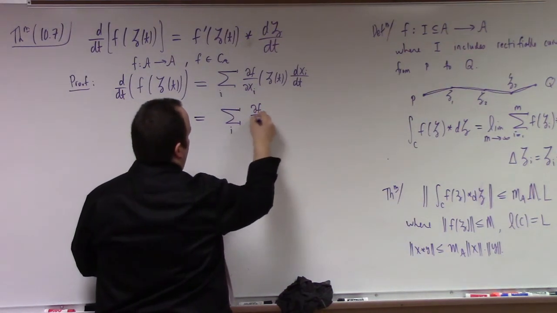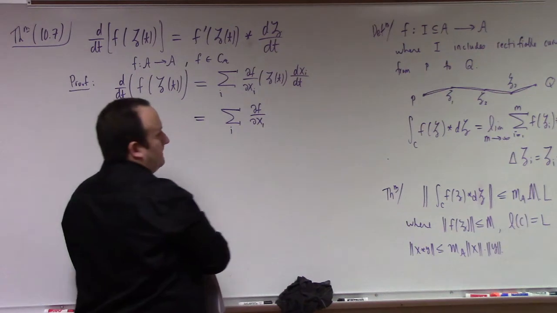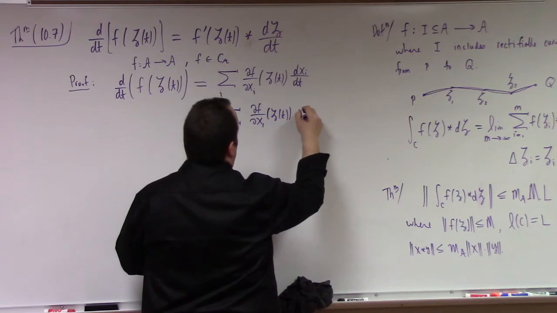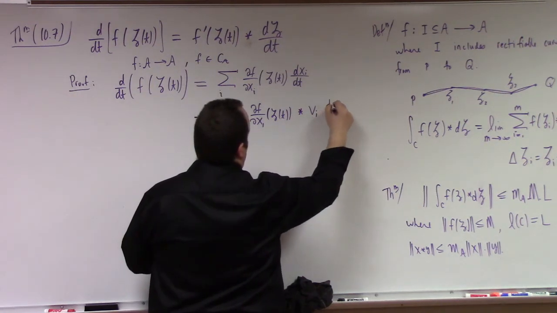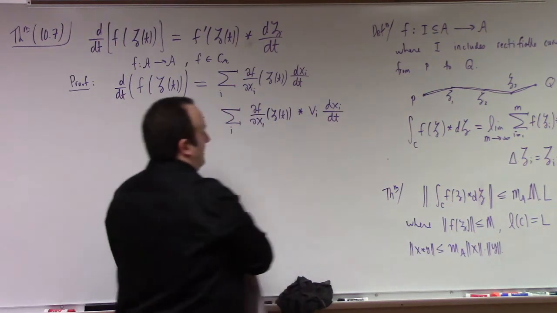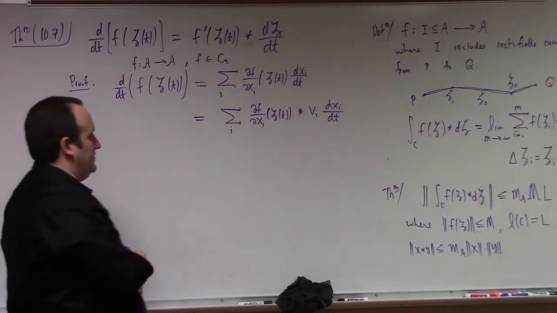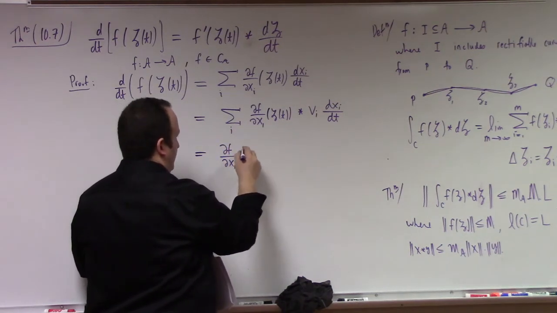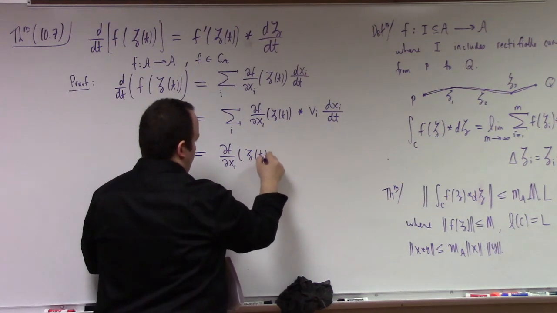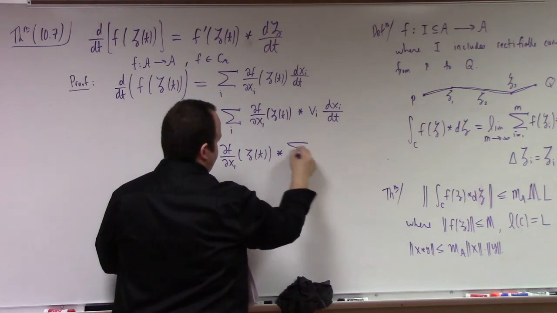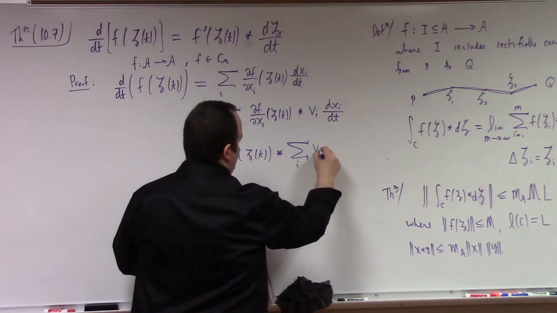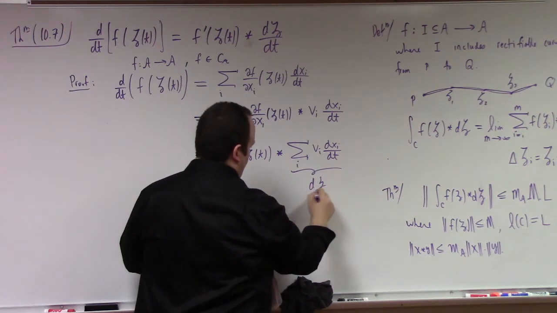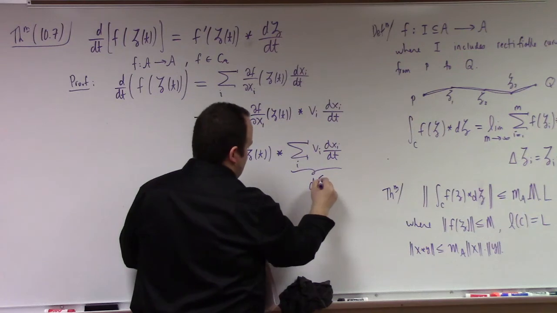How about partial f, partial x1, evaluated at z of t, times vi. Then I can just pull that out of the sum by properties of sums and so forth, and the algebra, and what do I got? What's the sum over i of vi dxi? Well, that's exactly d zeta.